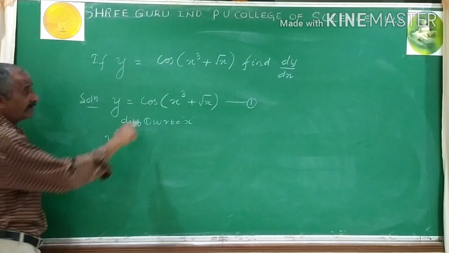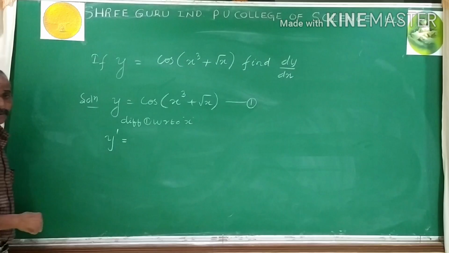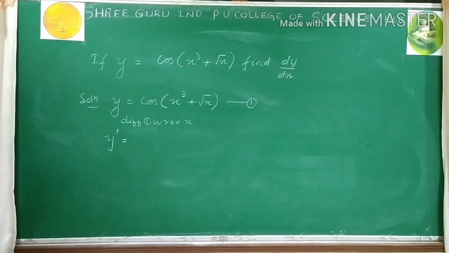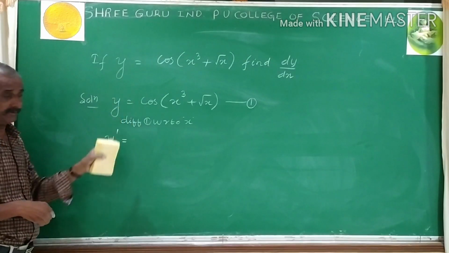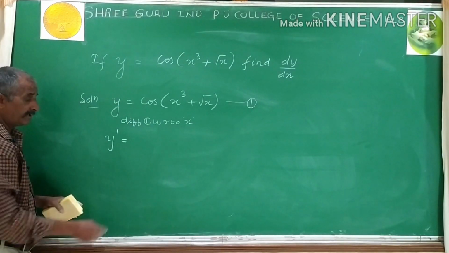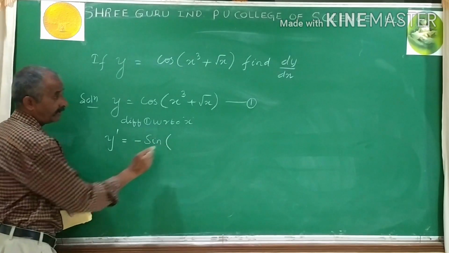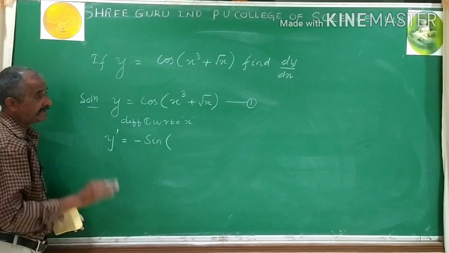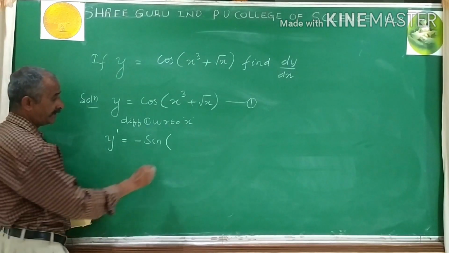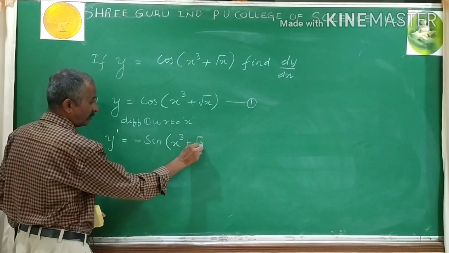On the right hand side, the first occurring function is cos. So it should suddenly be in your mind, as you know from earlier classes, the derivative of cos is minus sine. That means you must write suddenly minus of sine of, but in place of x we have x cube plus root x. The answer format does not change: minus sine of x cube plus root x.